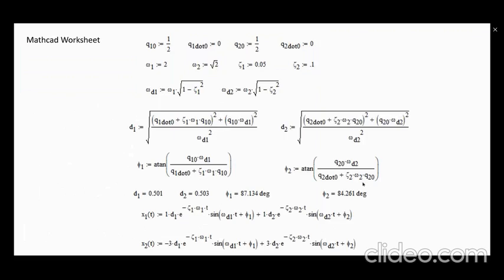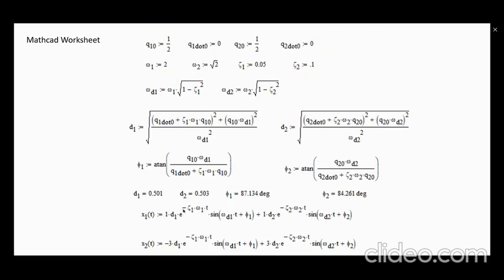And I do it with MathCAD. Basically there's a lot of punching in. So you find D1 and D2. We have the formulas for them, phi1 and phi2. And these are the values. And you plug it into the formula for X1. Notice that both frequencies are involved.